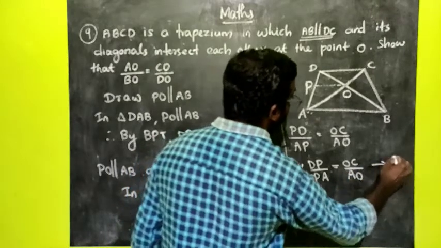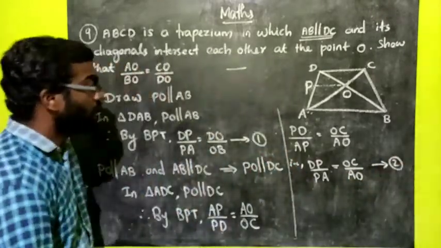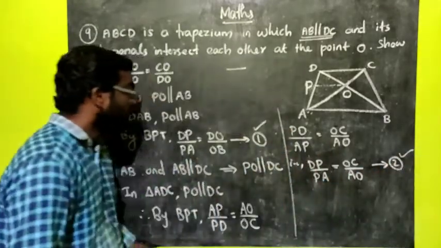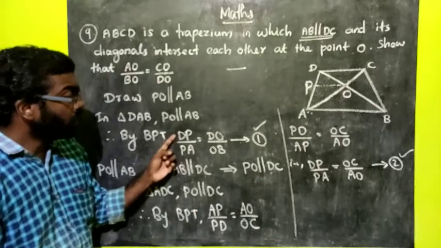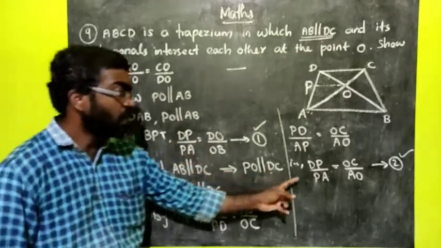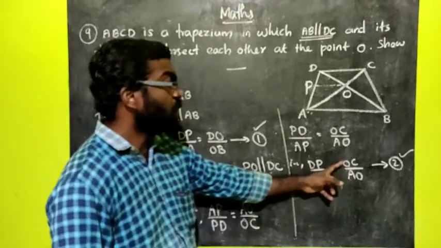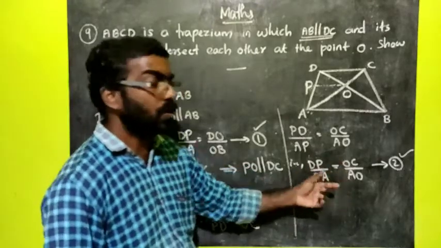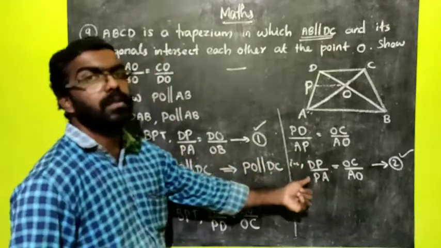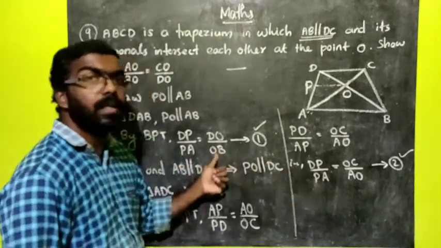Take it as equation number 2. Now we can compare equation 1 and equation 2. In equation 1, we got DP by PA is equal to DO by OB, and in equation 2, DP by PA is equal to OC by AO. So in these two equations, the LHS part is same, so the RHS must be same.